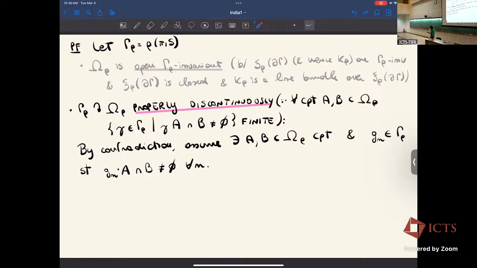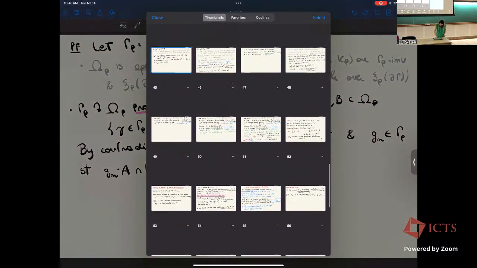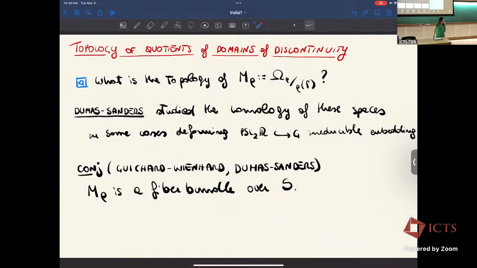Then there is a sequence gamma_n that is divergent, and you use the properties of this divergent sequence to find the contradiction. You find points that should be both in B and in the complement of B, and you conclude. So if I have time, I'll go through that.